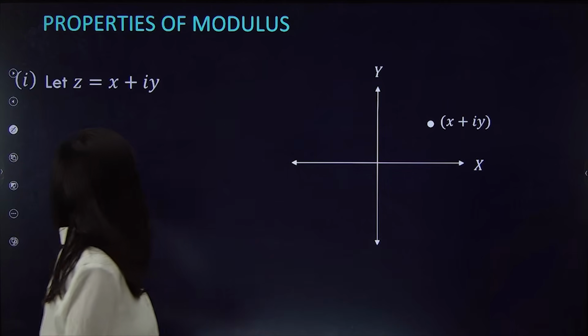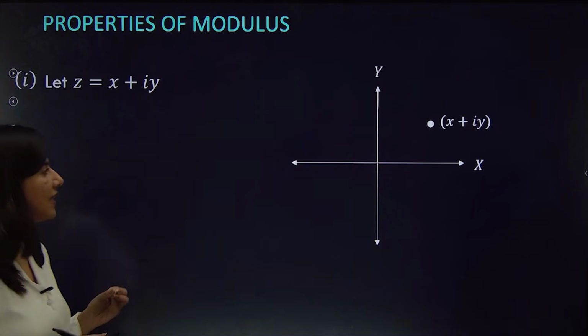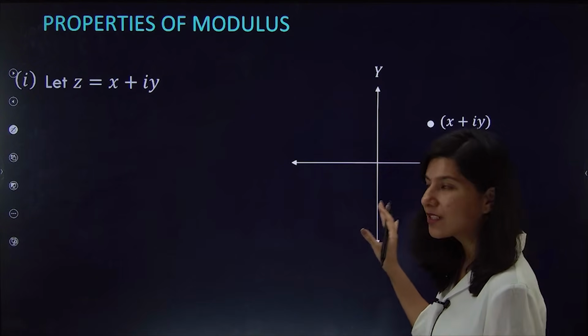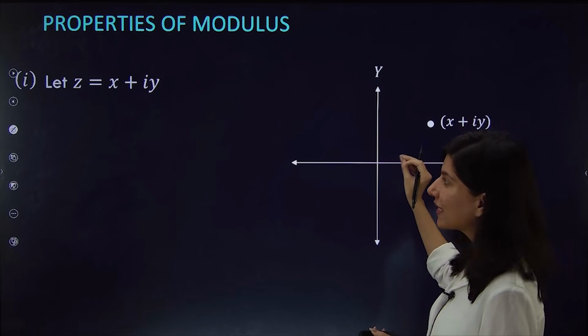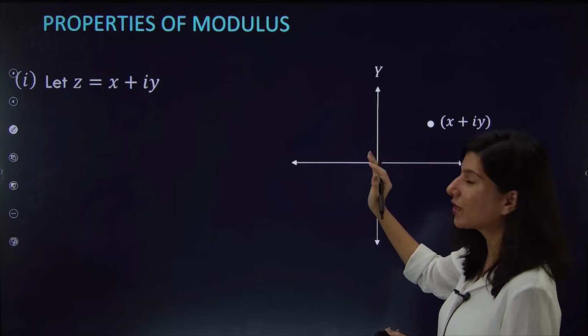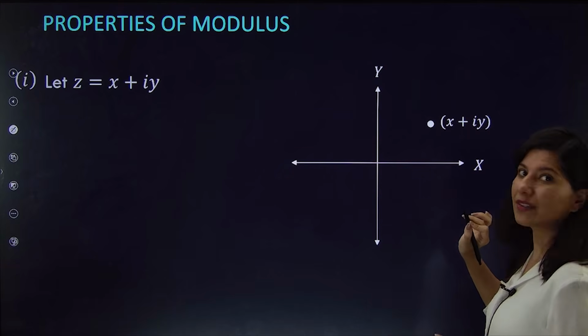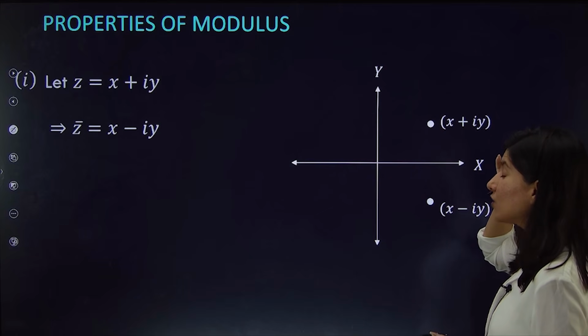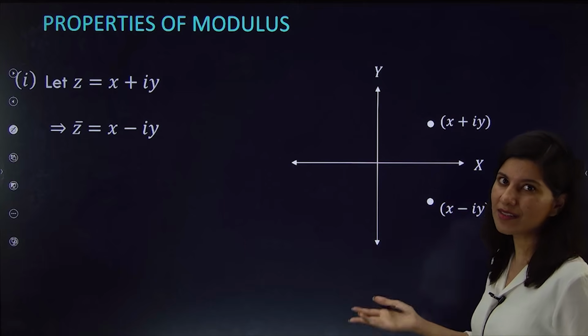Let us first understand the geometrical significance. If z is equal to x plus iota y, then this is the point x comma y, right? This is the complex number x plus iota y, and its conjugate will become what? x minus iota y.